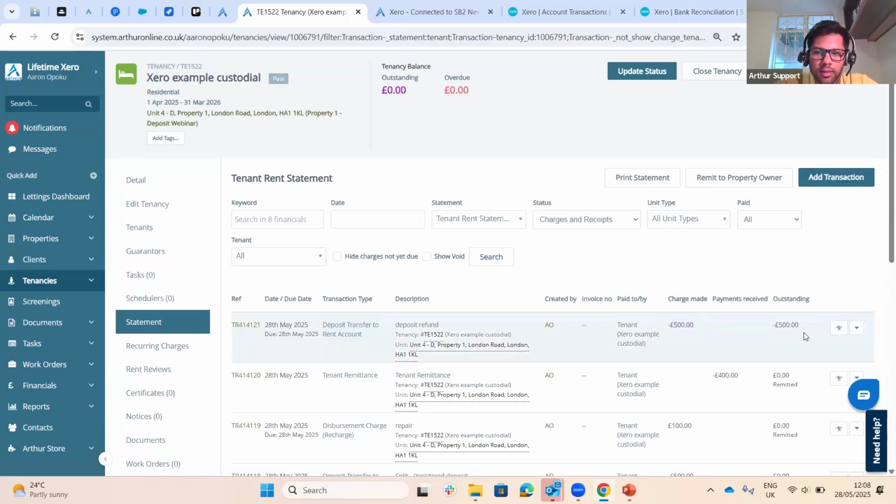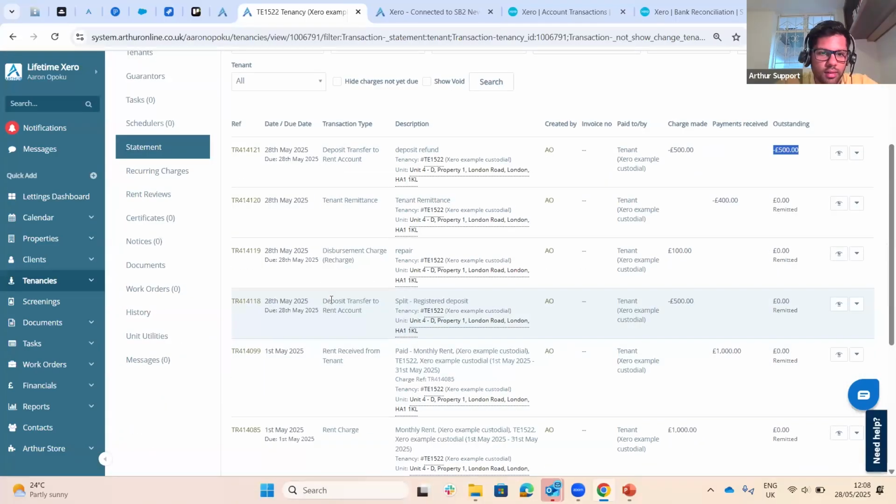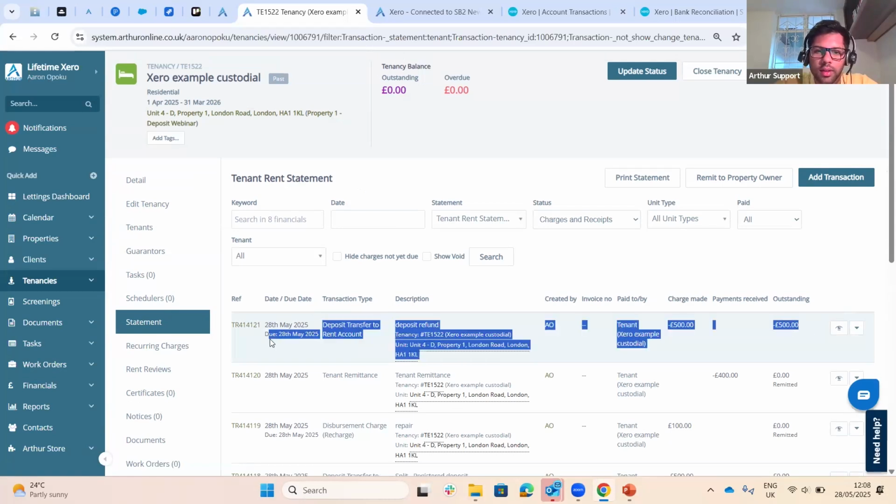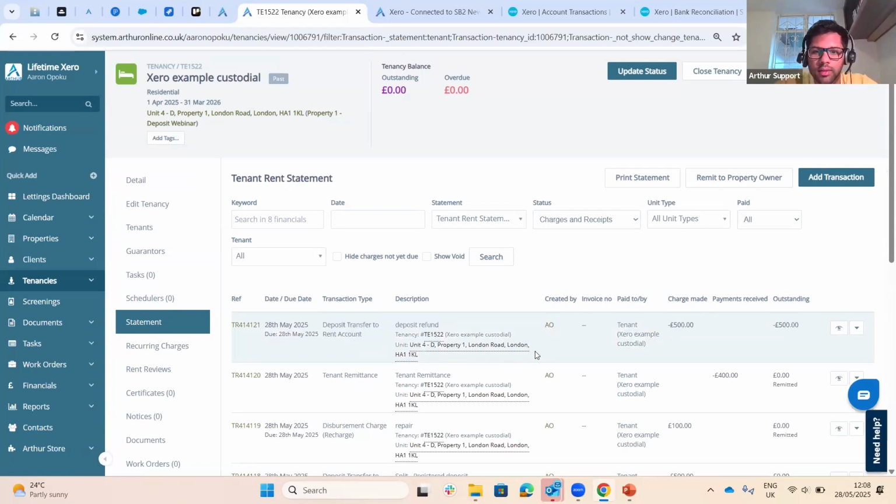That will create the same transaction as this one, which we created from closed tenancy, and then run a sync, and the sync will create this in Zero as a credit note on the tenancy.